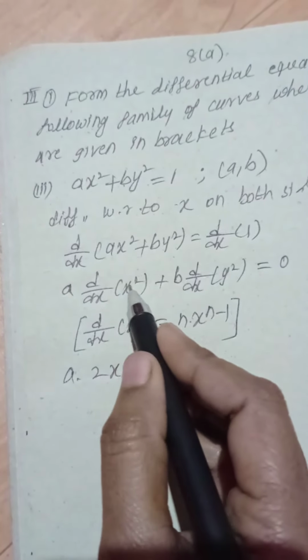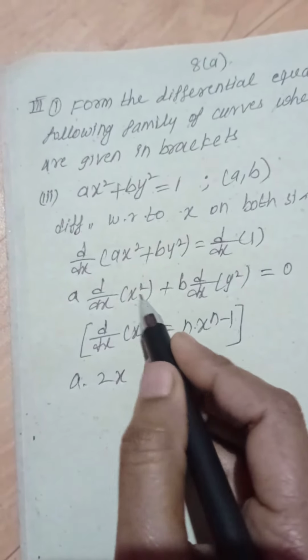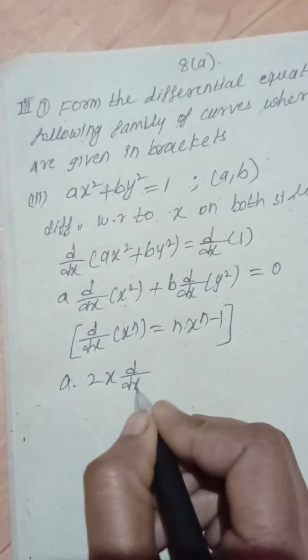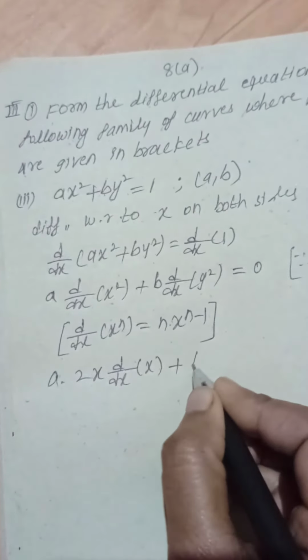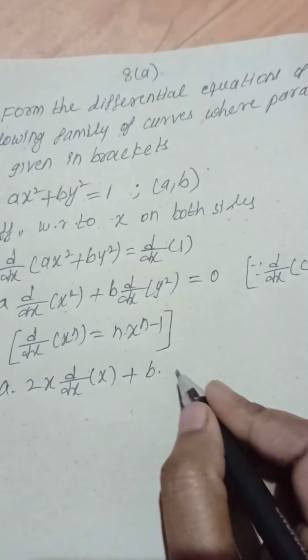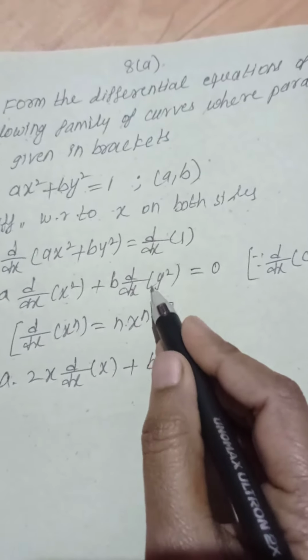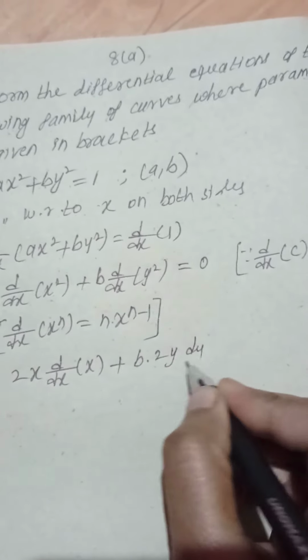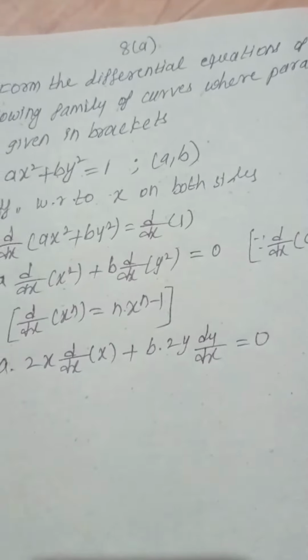So again differentiate internal part where internal part is x. d by dx of x plus b into, here also apply this formula where n equal to 2, 2y where internal part is y. So dy by dx equal to 0.